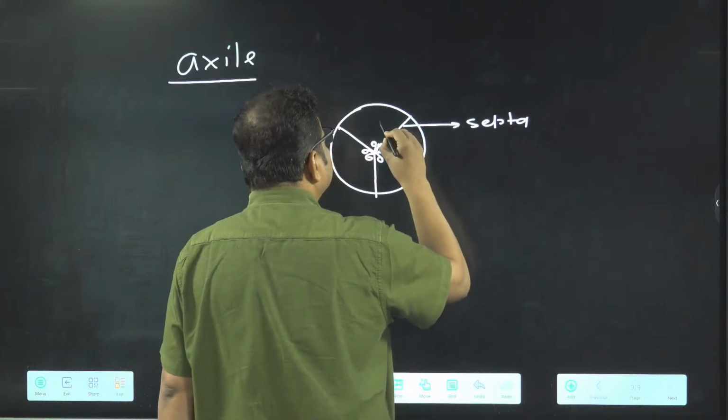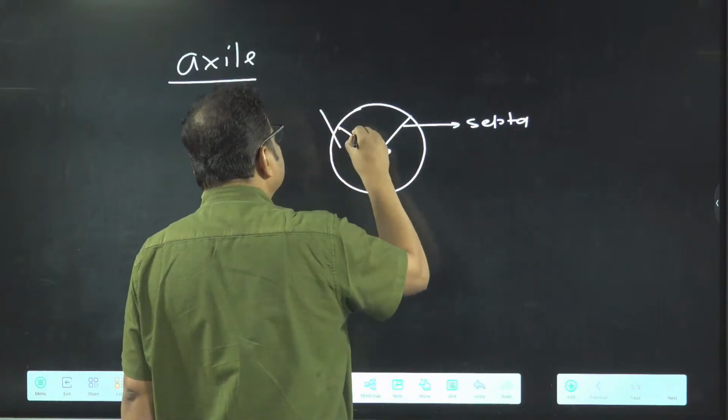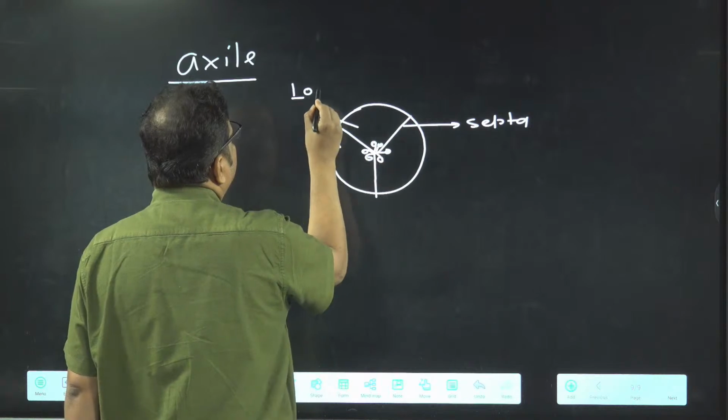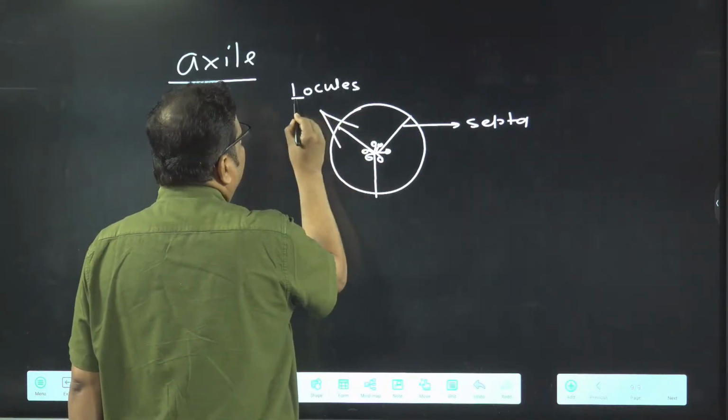Septa, and these are what basically? Locules or chambers.